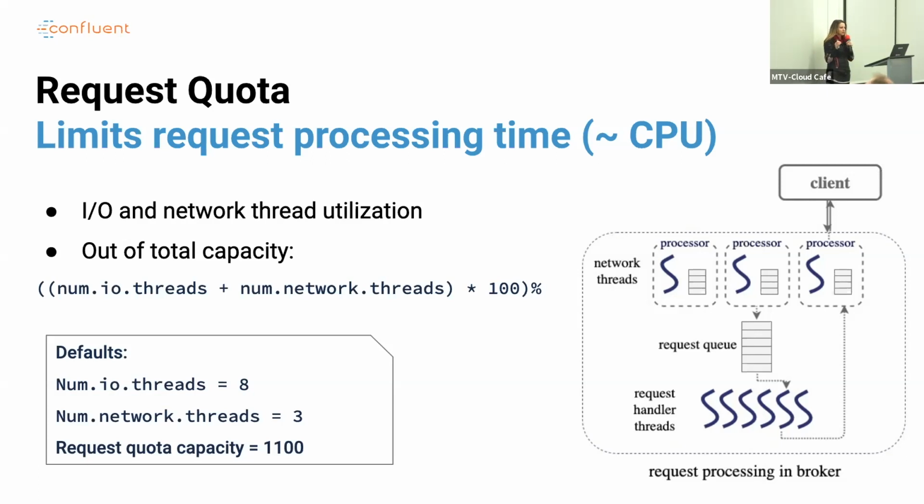Because Kafka runs in the user process, limiting certain client IDs or users by CPU is actually hard. How would you measure CPU? You need some kernel support. So we actually don't measure CPU. Our request quota limits time on I/O and network threads, so it's an I/O and network thread utilization.